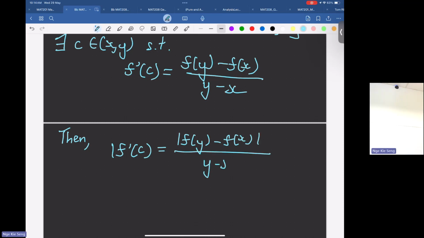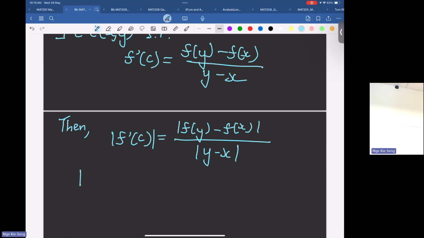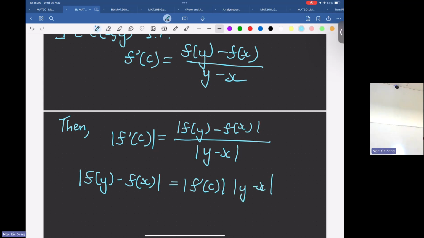If you have two numbers that are the same, then their absolute values should be the same. 2 equals 2, and the absolute value of 2 also equals the absolute value of 2. Then can you try to rearrange this? The absolute value of f(y) minus f(x) equals the absolute value of f prime c times y minus x.